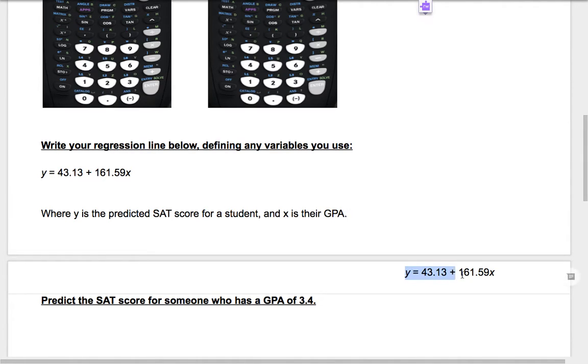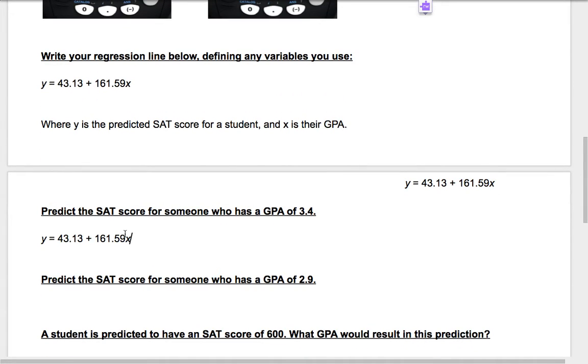So the first thing says, let's predict the SAT score for someone who has a GPA of 3.4. So here's our equation. GPA is 3.4. Is that going to go in for y or for x? Well, if you remember up here we said x is GPA. So in place of x, I'm going to put 3.4.